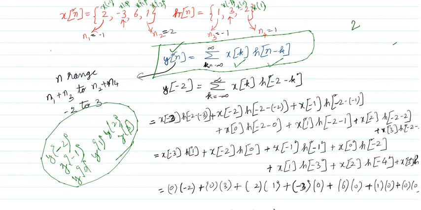Then what is the minimum number? Minimum number is minus 1. Take the magnitude. Magnitude of minus 1 is here also 1, here also 1. So the magnitude is 1. So 2 plus 1, 3. So I will take the k range from, instead of minus infinity, minus 3 to plus 3. This is the technique I follow.